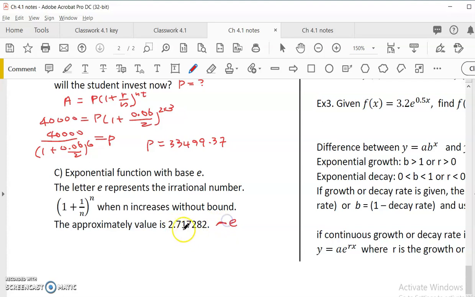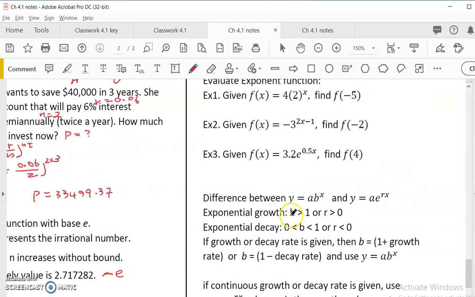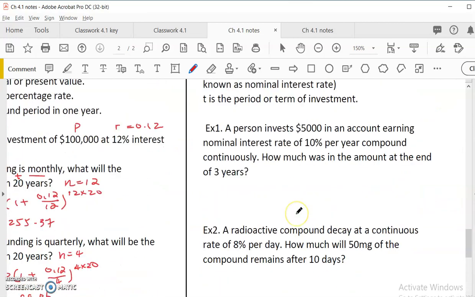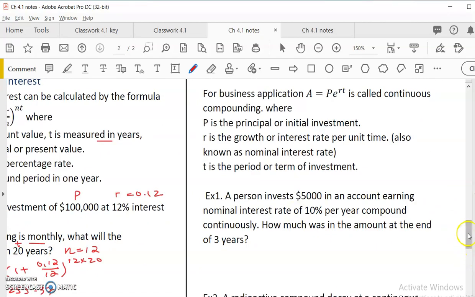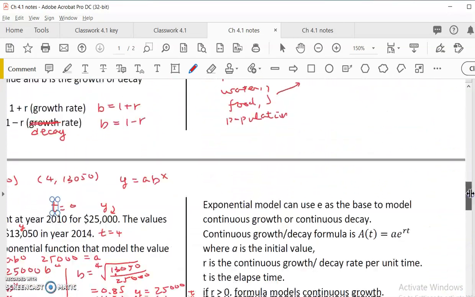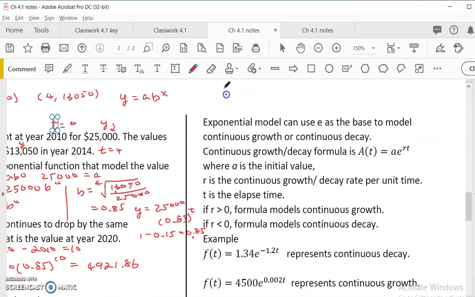Okay, it's e. This number is an irrational number. It doesn't stop in decimals, and it's similar to pi. It never ends, the decimal places never end. So it's not a fraction. So how can I use this to model continuous growth?